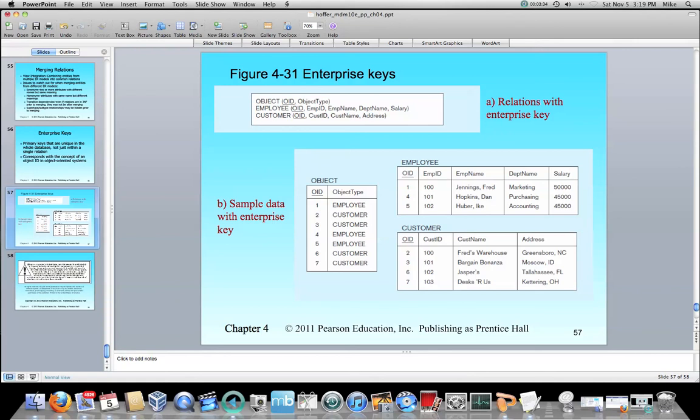So every record or every instance of an entity in the entire database has its own unique primary key. And some companies are moving towards this, but again, this is not commonly used. That is the end of enterprise keys.